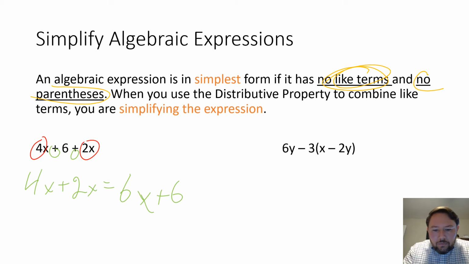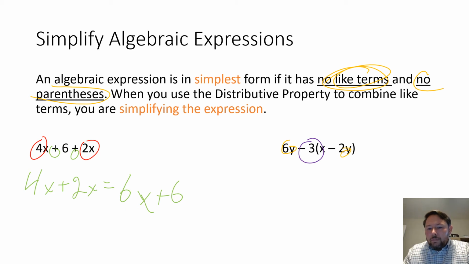So, if we're looking for some things, here we have a like term. So we're going to have to get those like terms together. And we also have a factor, this 3, this negative 3 actually, that we're going to have to deal with. So how do we deal with this?